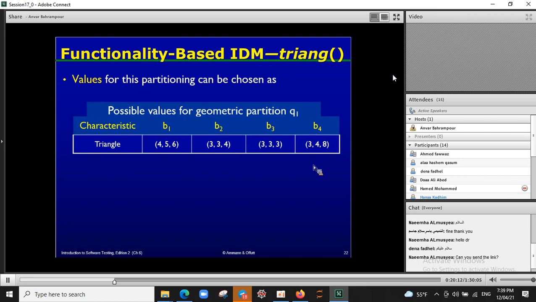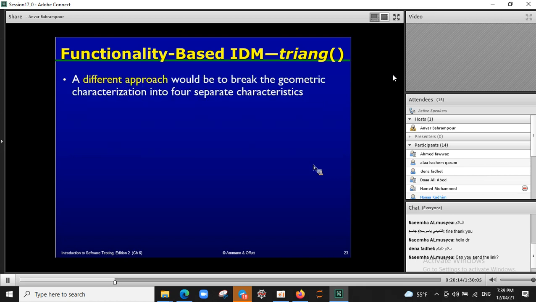Each of these is a test case for our program. So the functionality-based partitioning lets us test our program with just 4 test cases.